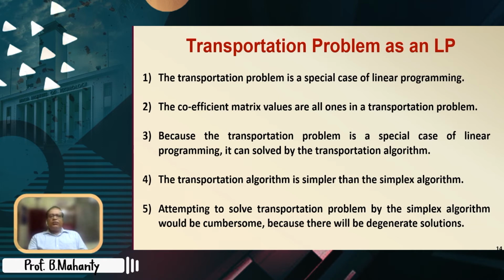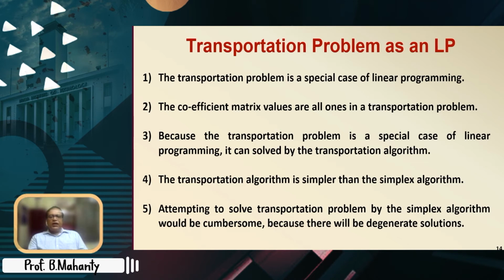Now, the transportation problem as a linear programming problem. The transportation problem is a special case of linear programming. The coefficient matrix values are all ones in a transportation problem. We have seen simplex tables and coefficient matrix values; here the coefficient matrix values are all one. Because the transportation problem is a special case of linear programming, it can be solved by the transportation algorithm.